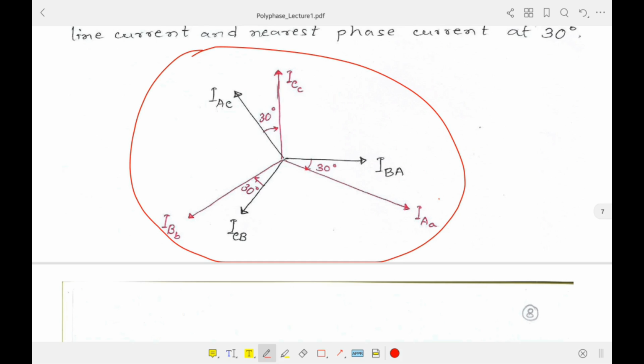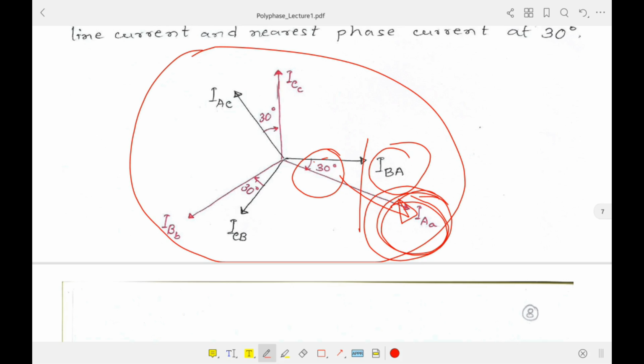First of all, if you notice, the magnitudes are larger since this is multiplied by √3, so obviously these line components are larger, that's why they are shown at a larger distance, and they have a minus 30 degree phase shift. So corresponding to the IBA phase, we have the line component IA at an angle of minus 30, and similarly corresponding to IAC we have ICC, and for ICB we have IBB.